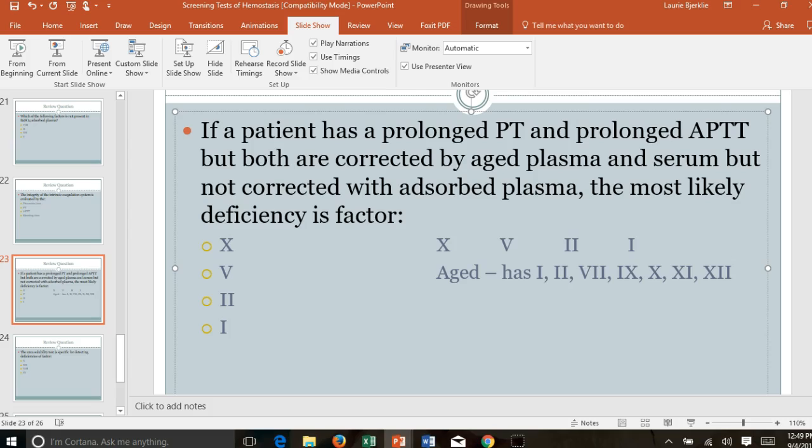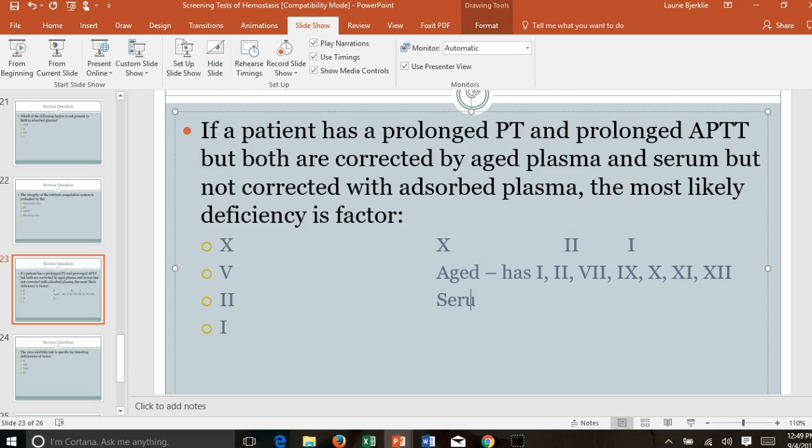So if it corrected it, that means it has to be one of the factors it did have. It gave it back and made it work. So it can't be anything that it didn't have that's missing. So you could rule out factor 5 here as a choice, because 5 is not in here, so it would never have fixed it if it was missing 5. So we can rule out factor 5.